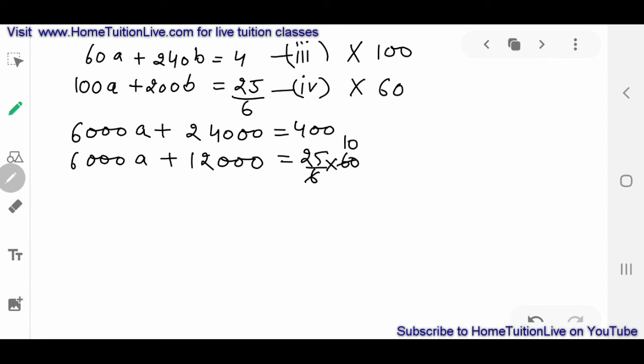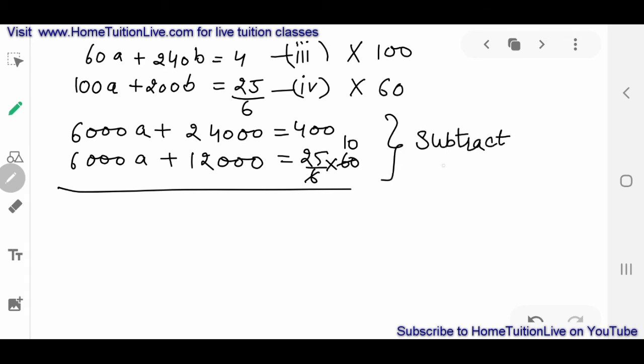Okay, now we will subtract these equations. Minus, minus, minus. This is 12,000b equals 400 minus 250, which is 150.